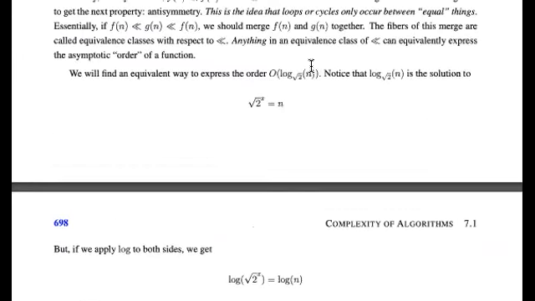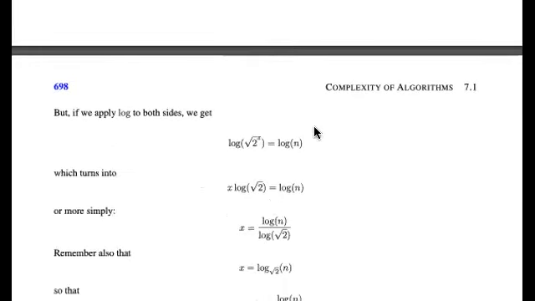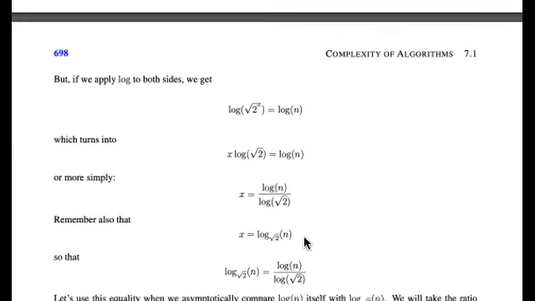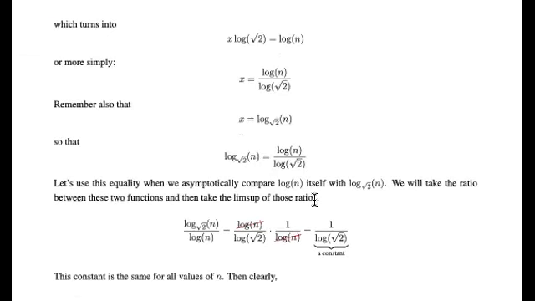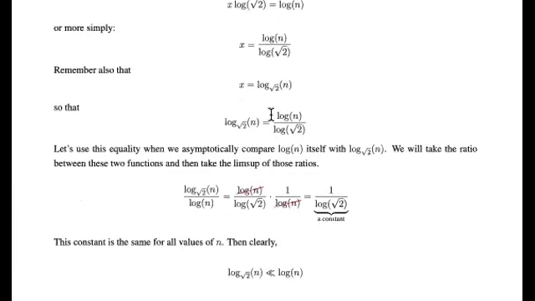You can rewrite this as a change of base: log of n over a constant. The log of square root of 2 is a constant. Since this is just equal to this times a constant, that gives you that log of n is asymptotically equivalent to log base square root of 2 of n.